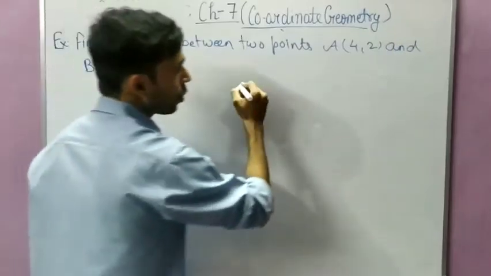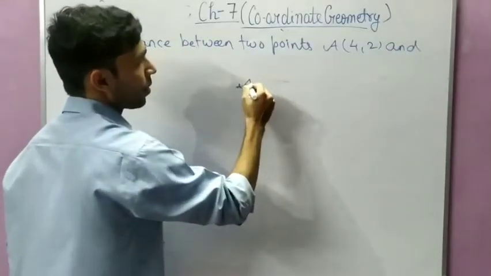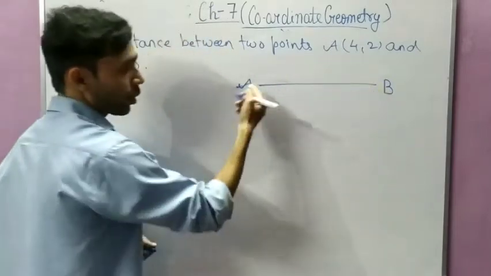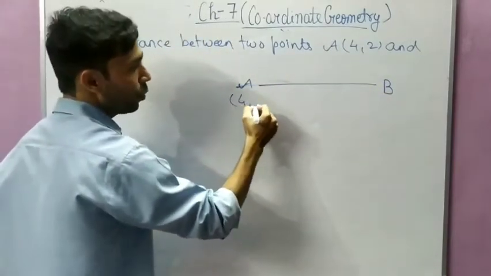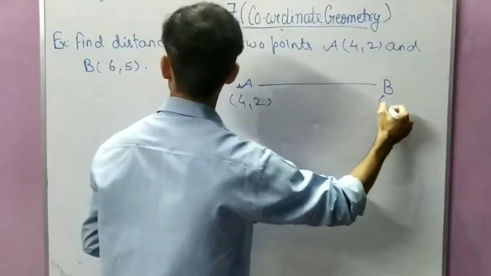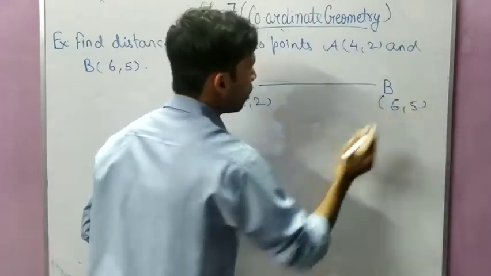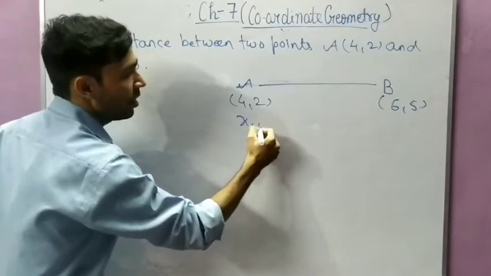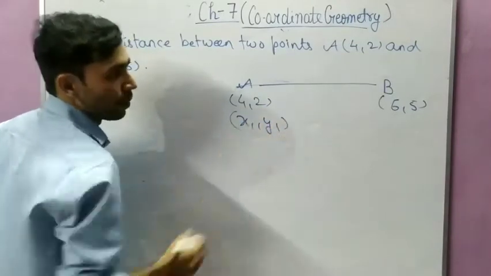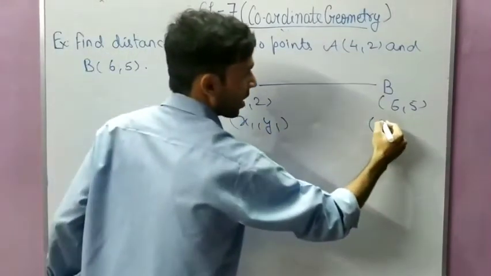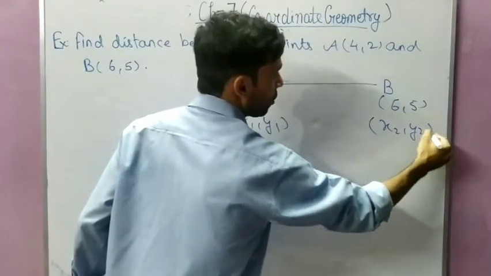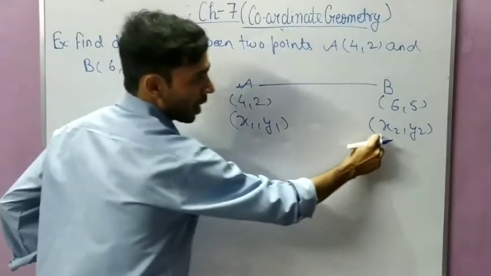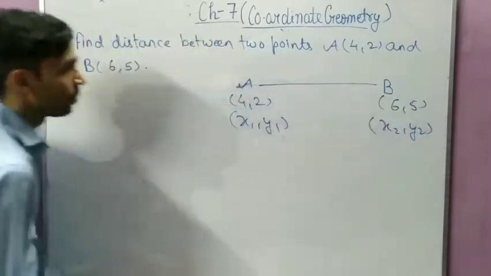So you write A, you write B, and you have to find the distance between them. The coordinate of A is (4,2), the coordinate of B is (6,5). This is our point 1, so suppose it is our x1 and it is our y1, and it is our x2 and it is our y2. So here x1 is 4, y1 is 2, x2 is 6, y2 is 5.